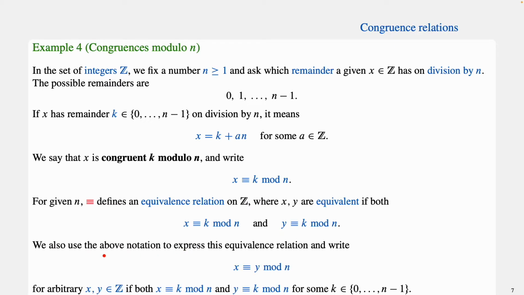And so we can extend this notation to express this equivalence relation, and we write x ≡ y mod n for arbitrary integers x and y if both of them have the same remainder on division by n.